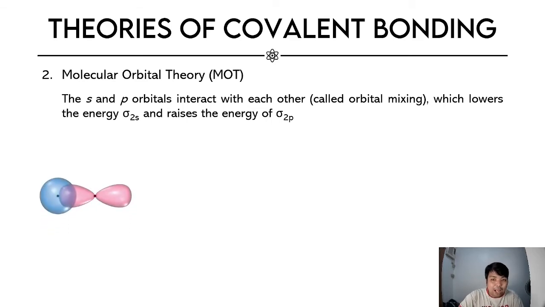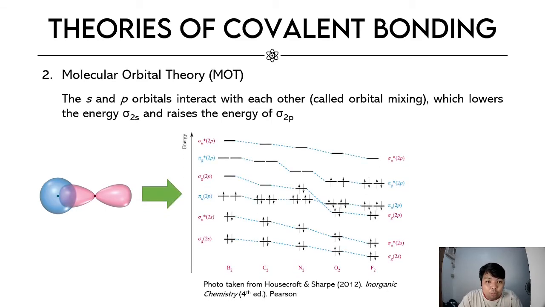So it would actually look like this. And since 2pz is the one that undergoes the sigma bond formation, the sigma 2p will have an elevated energy, while the sigma 2s will have a lower energy.